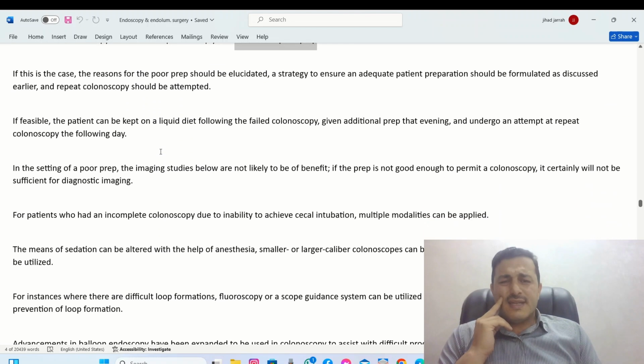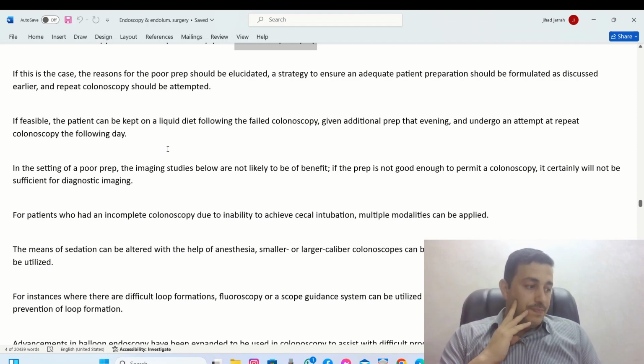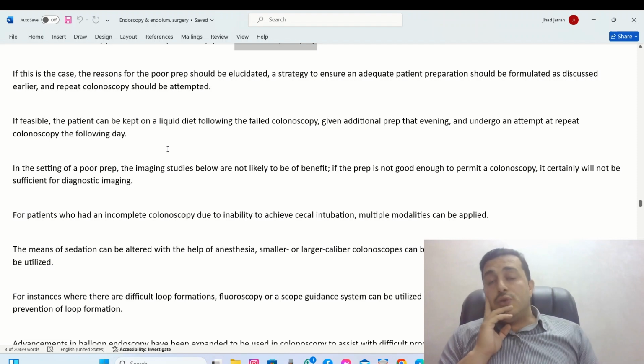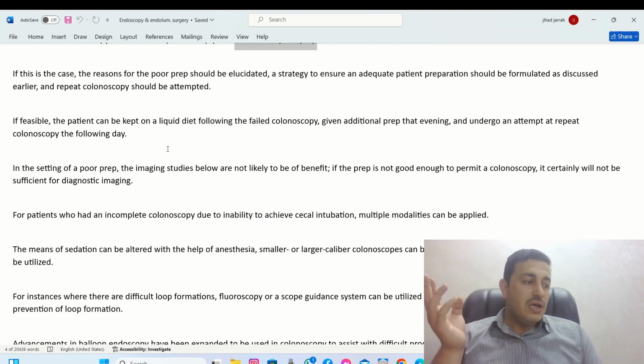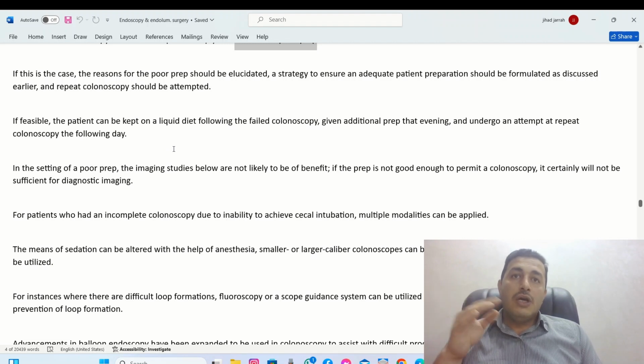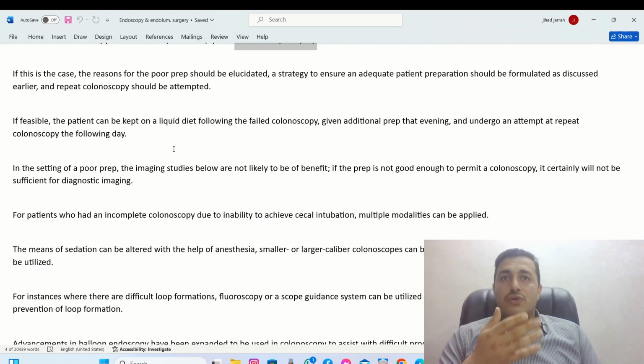Okay. In this case, imaging and radiological study usually is not the choice to proceed with, because most of the specific imaging studies require a kind of bowel preparation. If it is due to inability to reach the cecum, for different reasons, we can, for example, change the level of anesthesia from moderate or conscious anesthesia to deep anesthesia. This is one of the solutions.